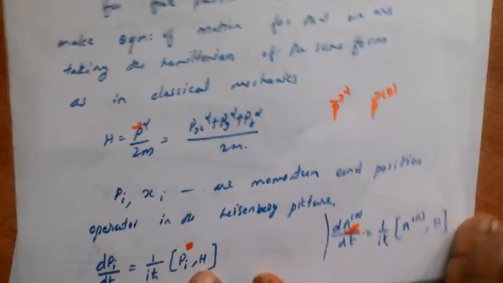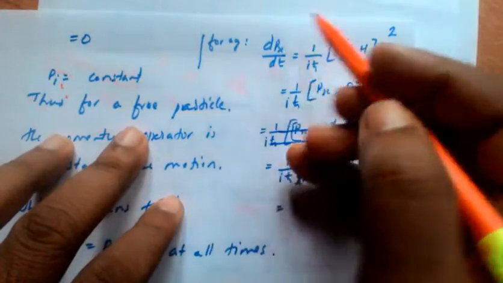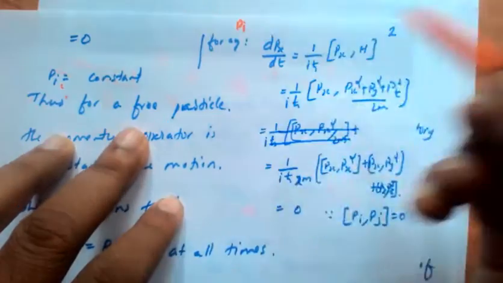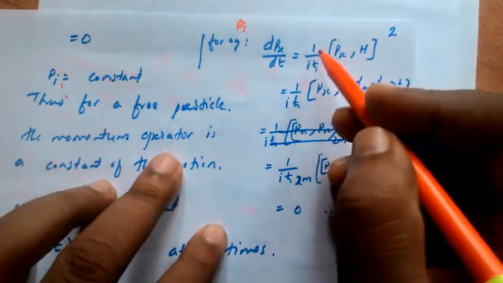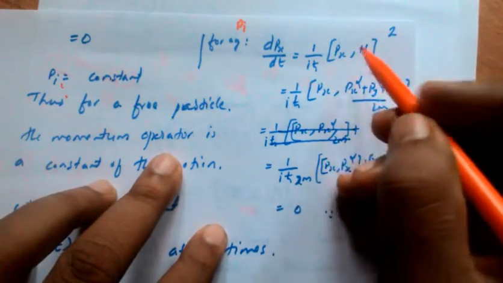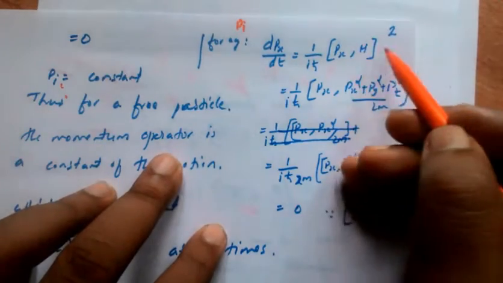If you need more explanation, for example, let me take pi as px. That means dpx over dt equals 1 over h cross commutator of pxH.